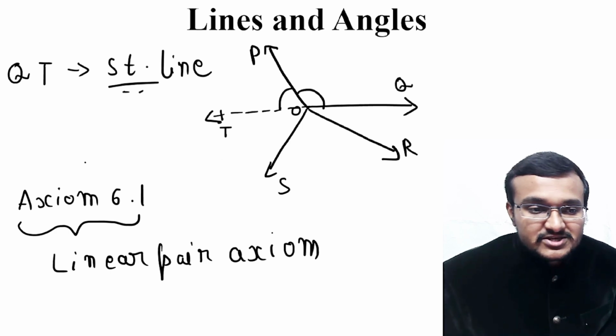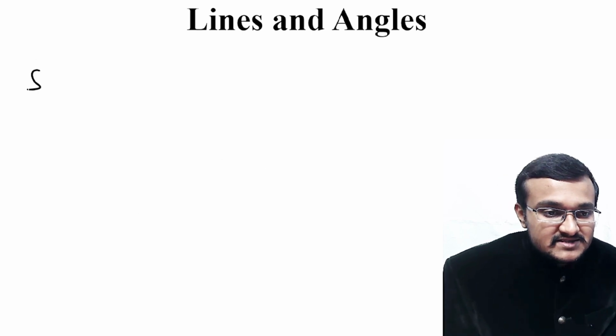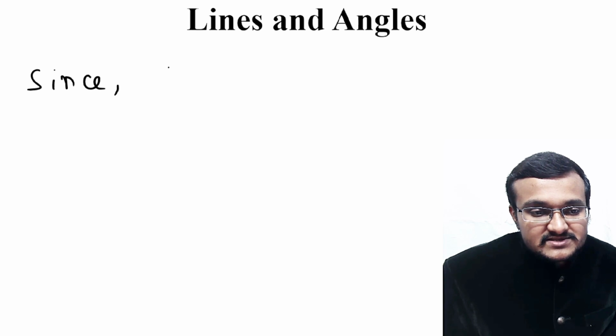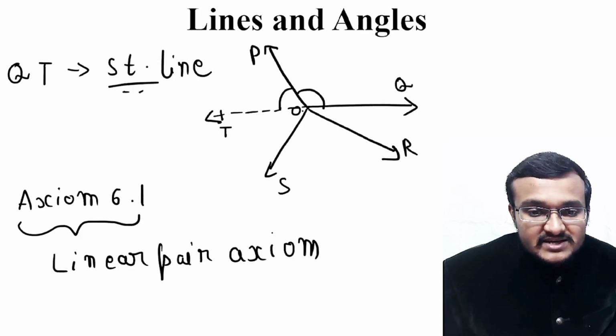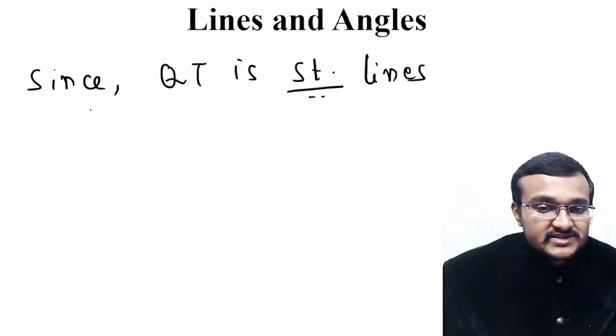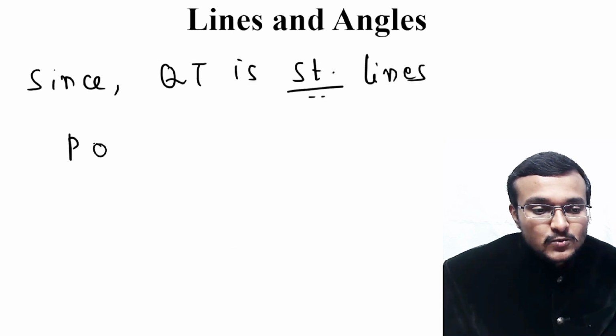So now since QT is a straight line, the sum of these two angles, that is POT and POQ, will be equal to 180 degrees.